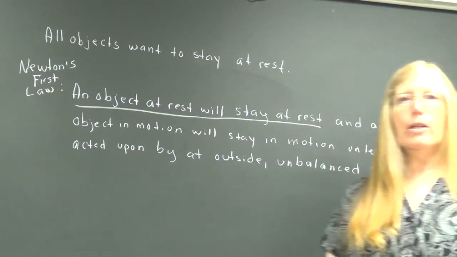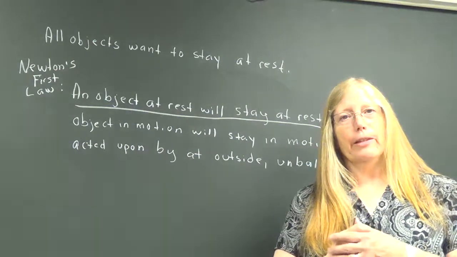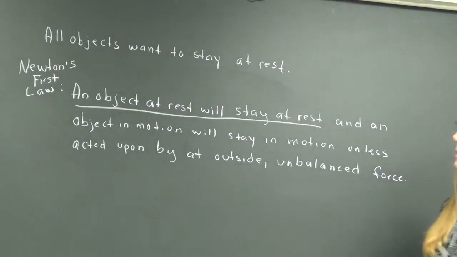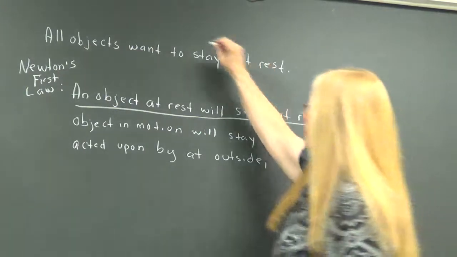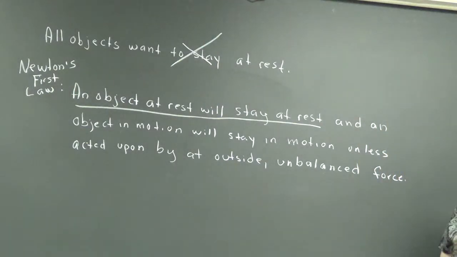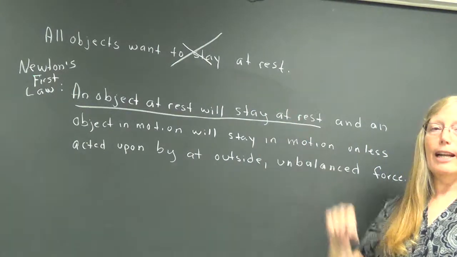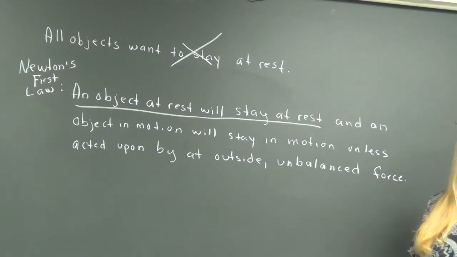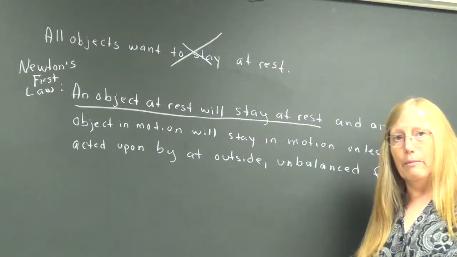So you can, at any time, pause this video if you need time to write things out. The thinking of the day was found to be false in that it didn't tell the whole story, because it thought that every object in motion also wanted to be at rest, and he said the exact opposite about objects in motion.